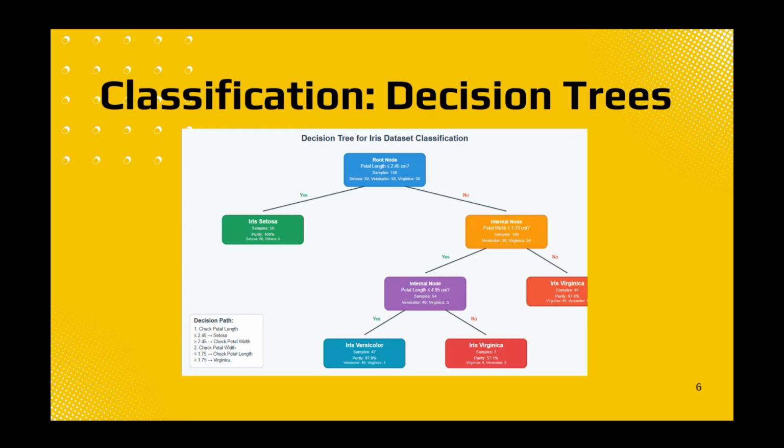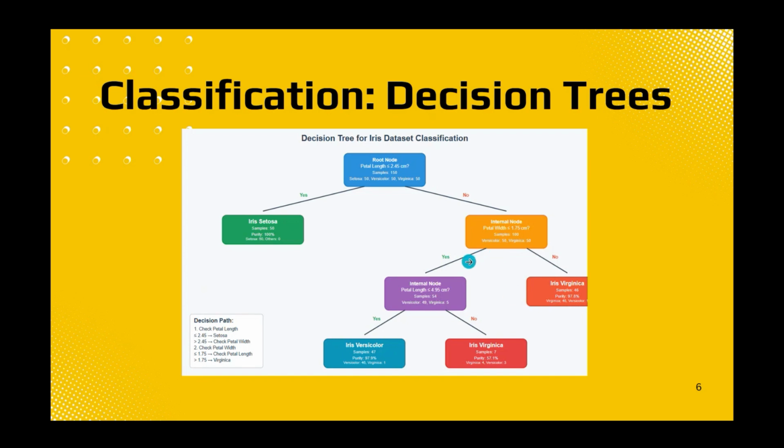Then if the answer is no for the particular input value, it goes further on the right side. In that node, it asks about the petal width. If no, it correctly identifies the flowers as virginica.